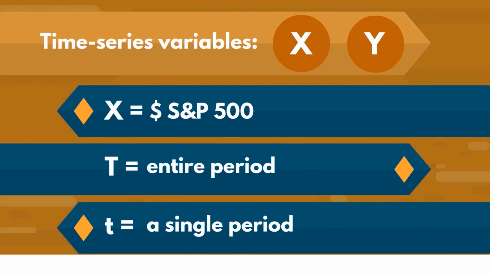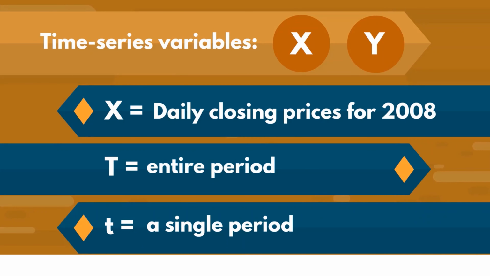Now, imagine we had the daily closing prices for the S&P 500 for the entire 2008. Given the uppercase T represents the entire year, the lowercase t would represent a single day. Then, to denote the closing price at a specific day, we would use X of t.